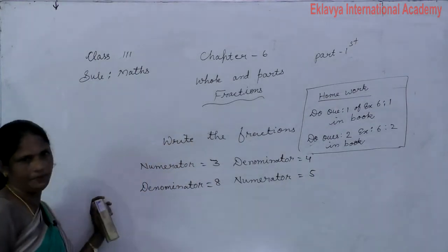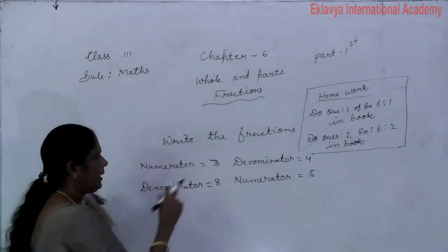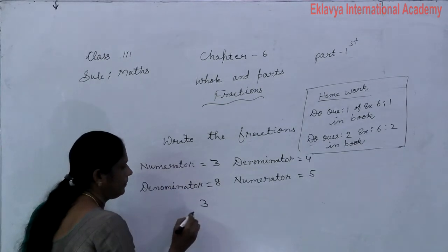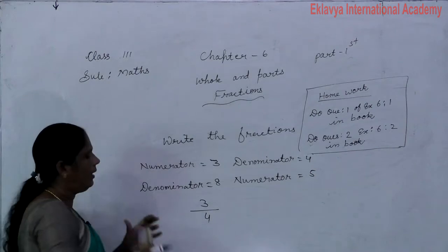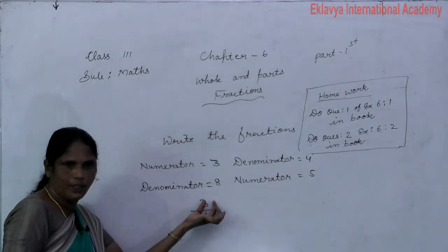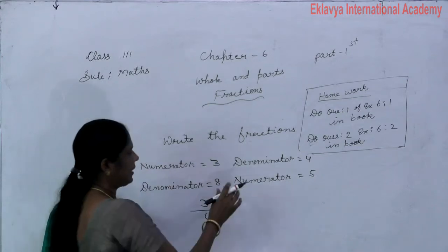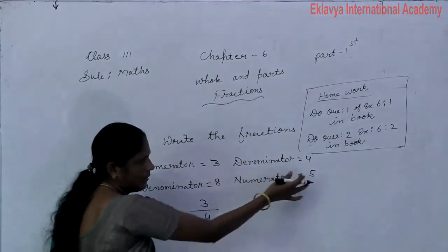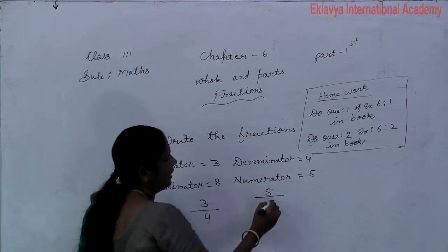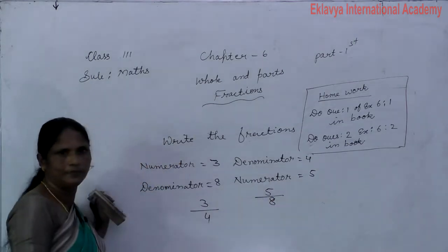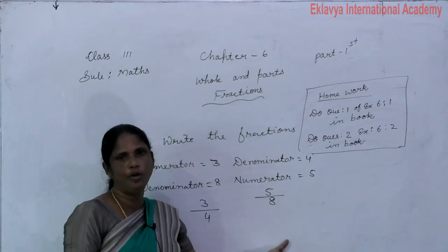Make a fraction. First we write numerator 3 over denominator 4. Above the line is called the numerator, below the line is called the denominator. Then the second fraction, here numerator 5 and denominator 8. Understand? Numerator and denominator.